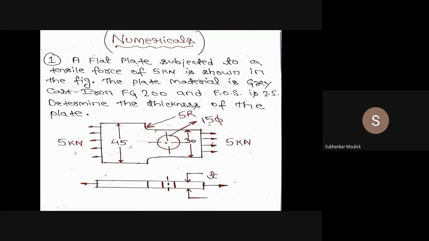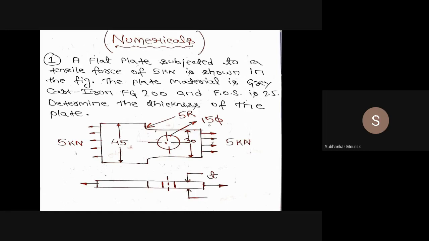Let us read the problem. A flat plate subjected to a tensile force of 5 kilonewton is shown in the figure. The plate material is grey cast iron FG200 and the factor of safety is 2.5.